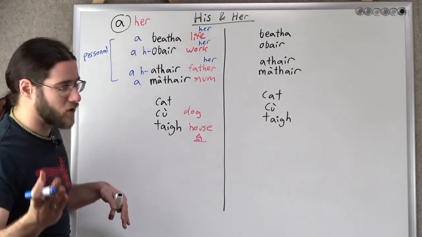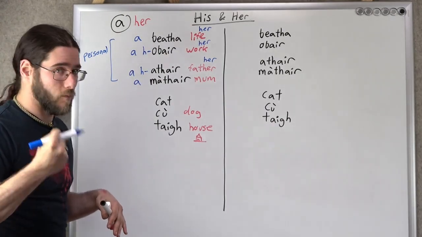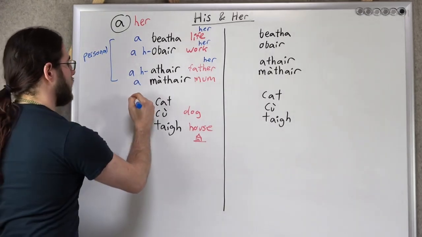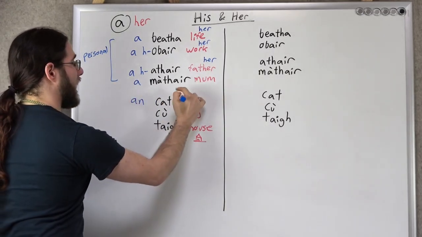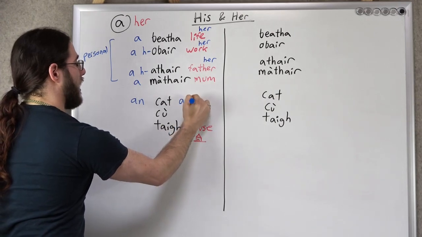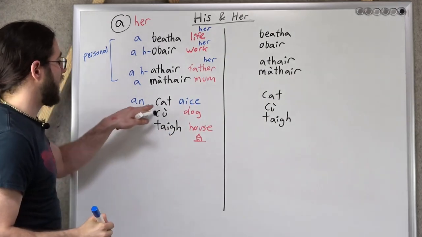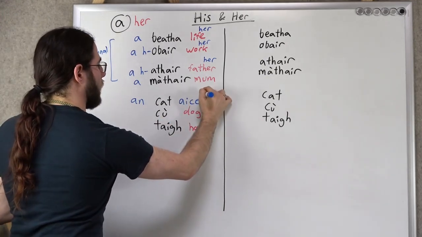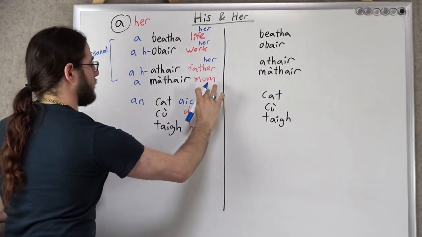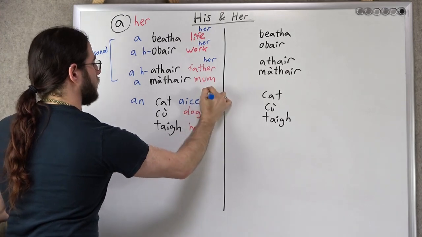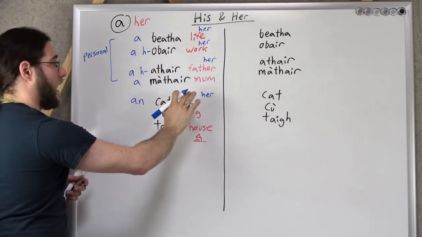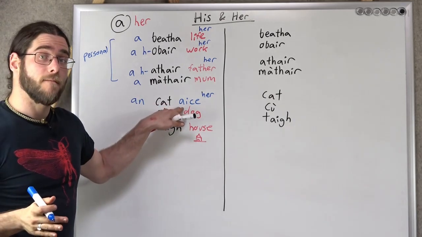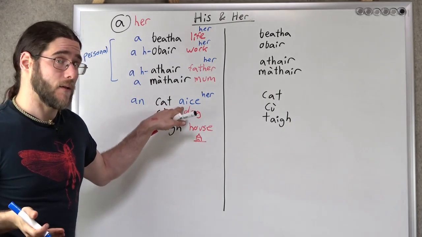So, following this traditional Gaelic mindset here, it's important to keep up the mindset, we're going to say her cat. Well, really we're going to say an cacht eichke. So this is her cat. Literally we're saying the cat at her, or the cat she has.